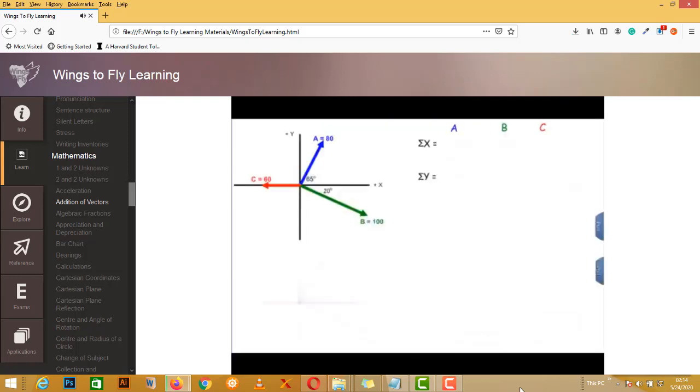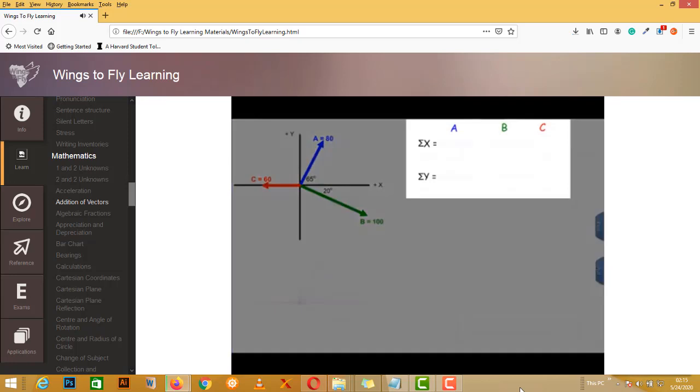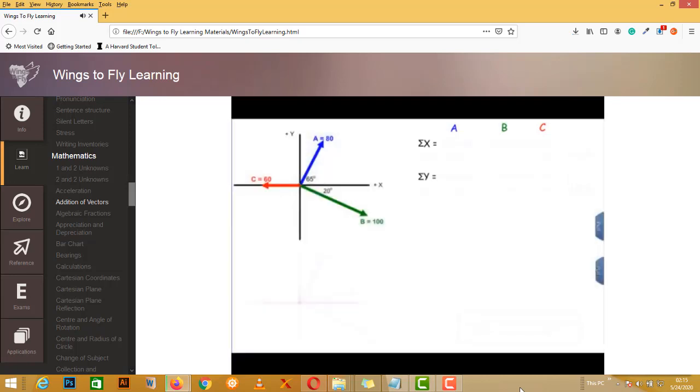Here's the coordinate plane, and I like to set this up using a tabular format where I list the vectors A, B, C across the top, and then I go across adding all the vectors acting in the x and y direction. Now these are the vector components that I showed you on the previous slide.